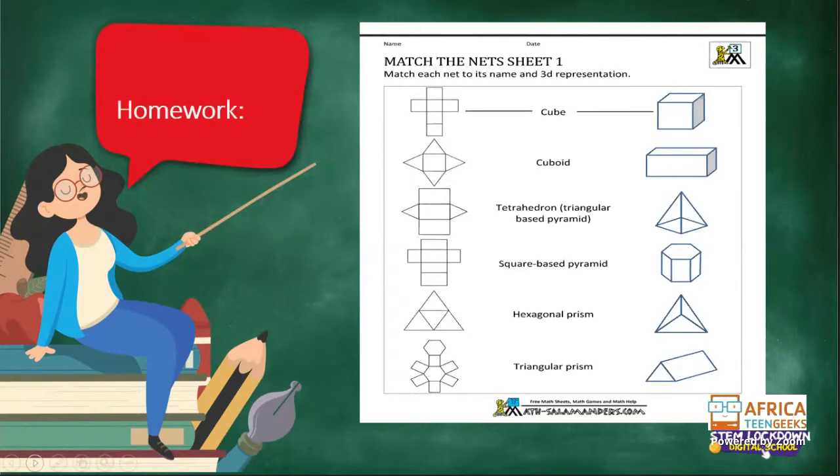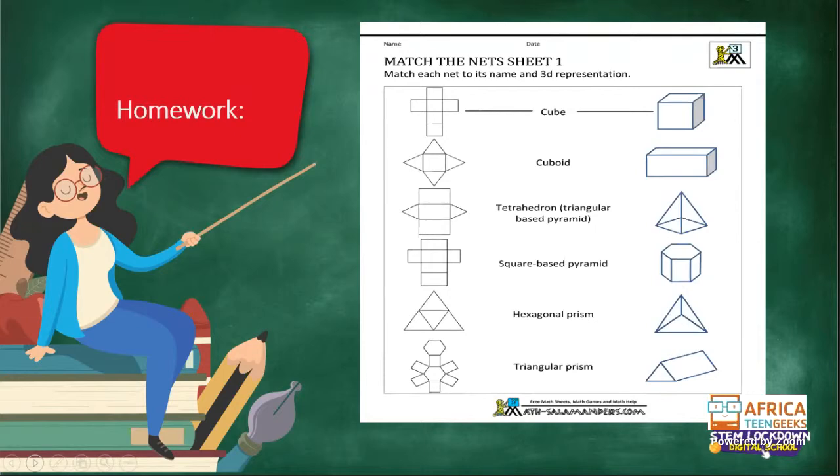So these are given. For example, here you see the net, right? The first net is matched with the cube, but the rest of them are not matched. The second net is not a cuboid, so you have to find out which one it matches with.